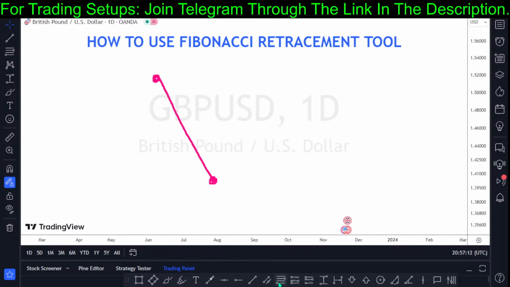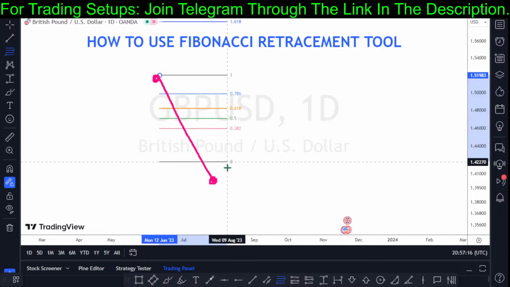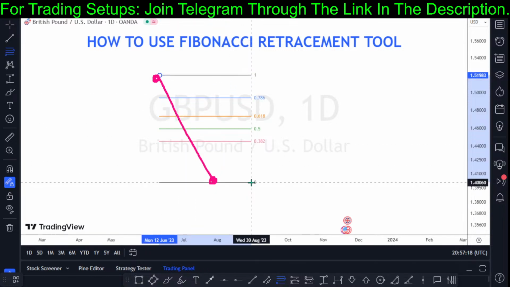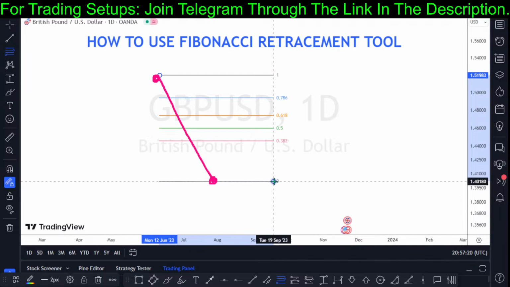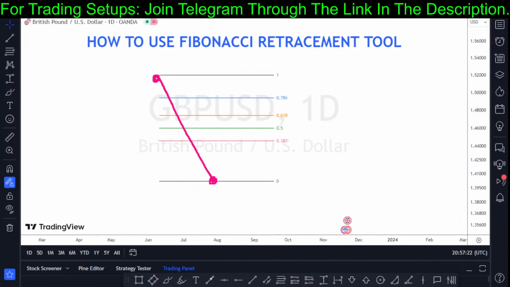Once you click on your Fibonacci retracement tool, you start from the swing high all the way down. You see that? So it means the market is moving in a downtrend. So your 1 retracement level has to start from the starting point of the trend, which is at the top, 1, and then end at the 0 because the market is going in a downtrend.